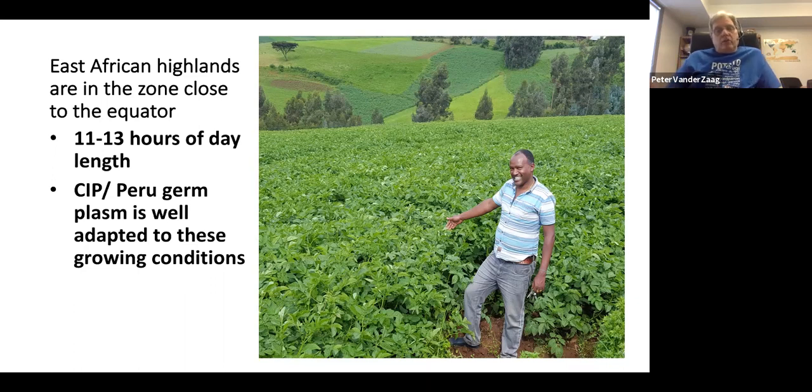In Rwanda, where I used to work, we had great success with SIP material from Peru that adapted well, and we were able to select good varieties for late blight resistance that have done very well and are grown throughout East Africa. And here's a picture from Ethiopia. Again, it shows that for that part of the world, the Andean germplasm is very easy to utilize and has been used successfully as well.